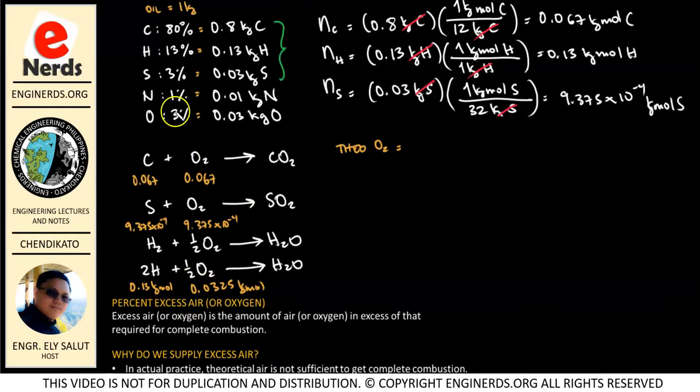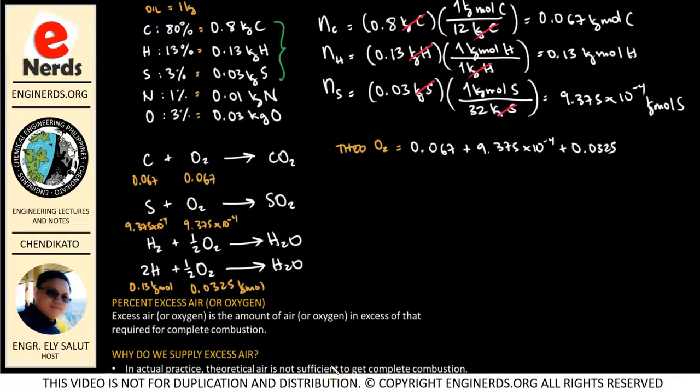So we need to add all of our oxygen: the oxygen required to convert all of our carbon to CO2, 0.067 kilogram mole, plus the amount of O2 required to convert our sulfur to SO2, 9.375 times 10 to the negative 4, plus the O2 required for our hydrogen, 0.0325. That is our theoretical O2.